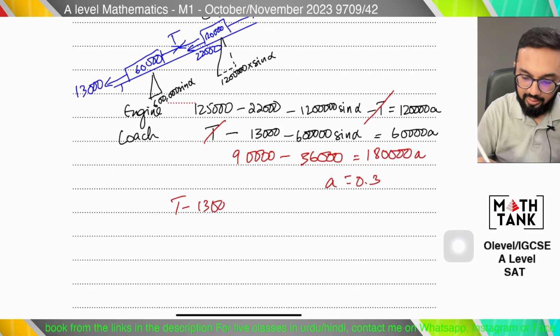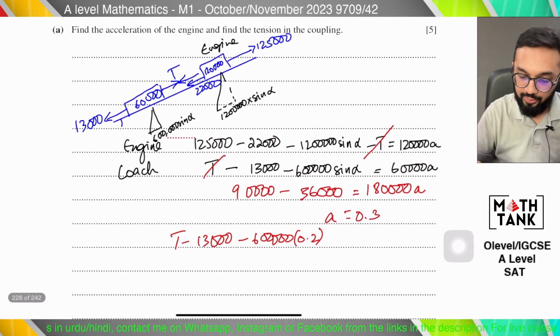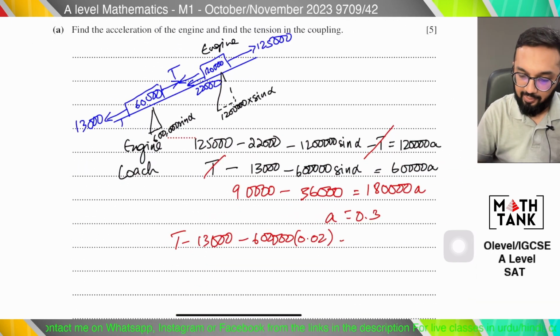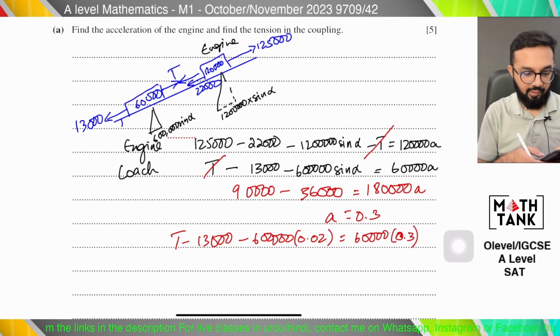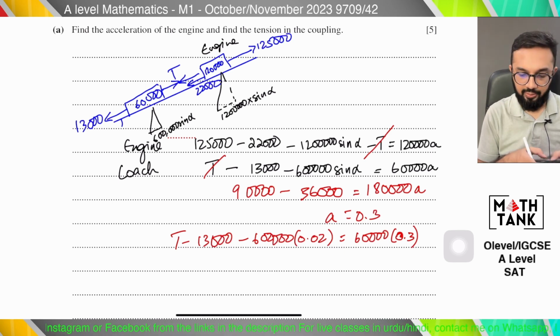T minus 13,000 minus 600,000 times 0.02 equals 60,000 times 0.3. So T is 60,000 times 0.3 plus 600,000 times 0.02 plus 13,000.